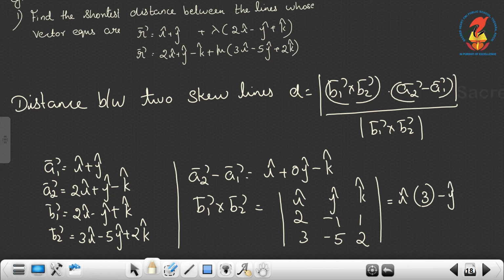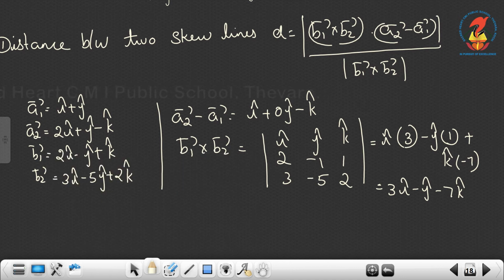Minus j into 4 minus 3, that is 1. Plus k into minus 10 plus 3, that is minus 7. So 3i cap minus j cap minus 7k cap.